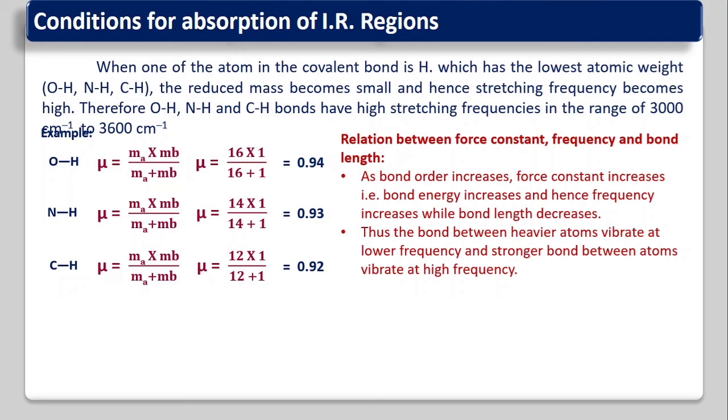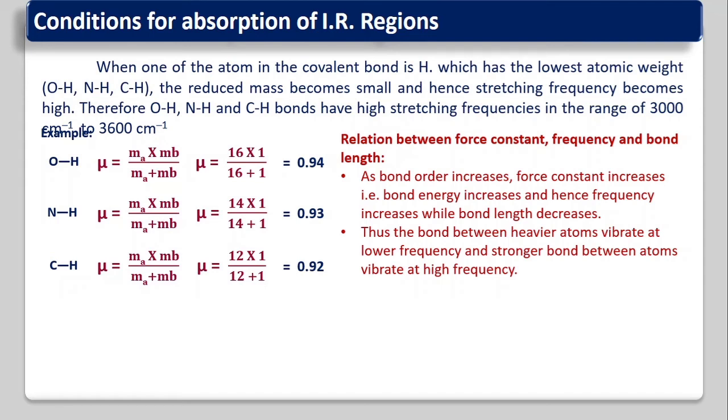As the bond order increases, the force constant increases, and as we know the vibrational frequency is directly proportional to the force constant. So as the multiplicity of the bond increases, the vibrational frequency also increases.